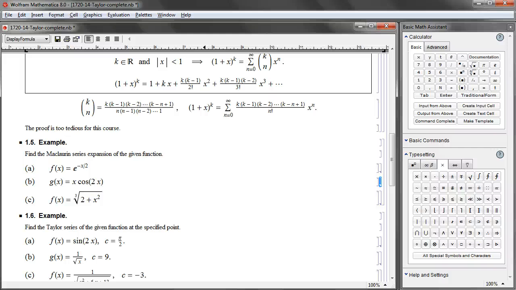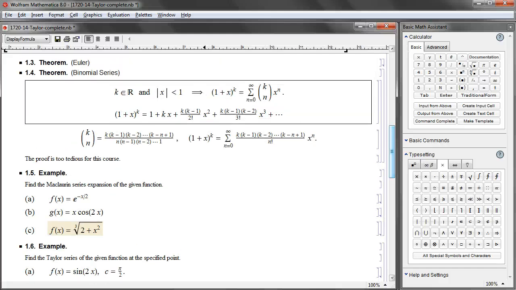The third problem is a little bit more challenging, and this one is related to the binomial series. Look at the binomial series theorem. We need (1 plus x) to the k power. We have 2 here. So what do we do? Well, let's go back to our bag of tricks that we used in the previous section. We have to divide by 2 and factor it out to change it.